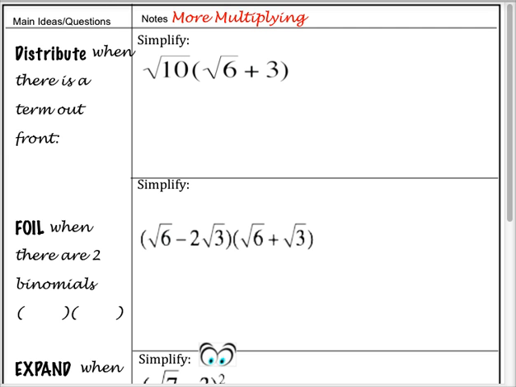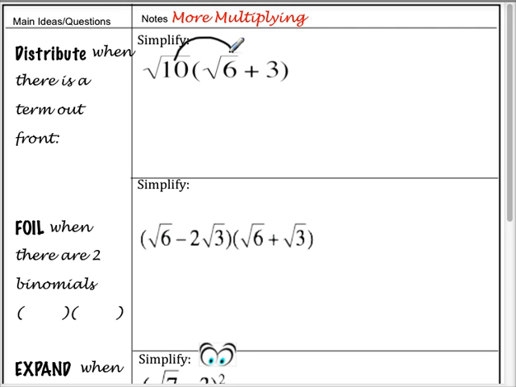When you look at our first example for today, when you see that there is a term out front multiplying a parenthesis, that means you need to distribute that term in. So we're going to take that square root of 10 and multiply it to that square root of 6.